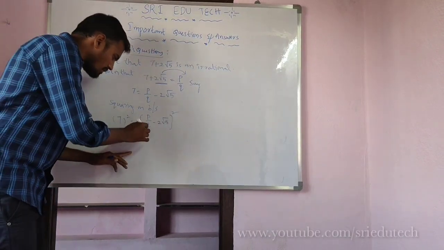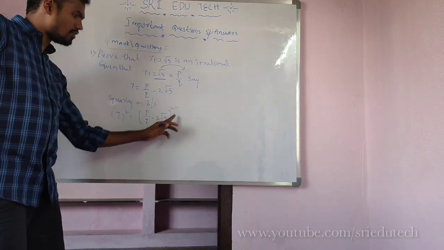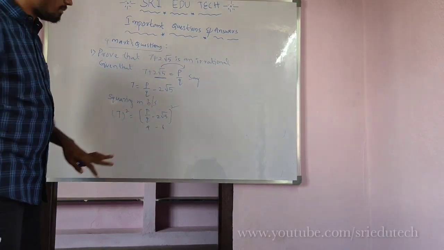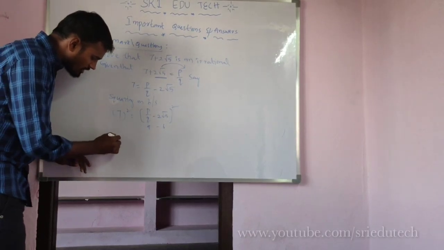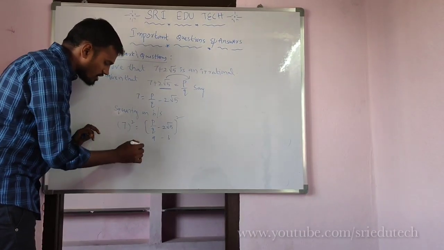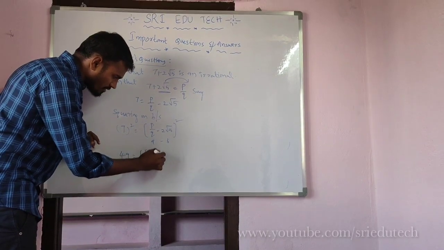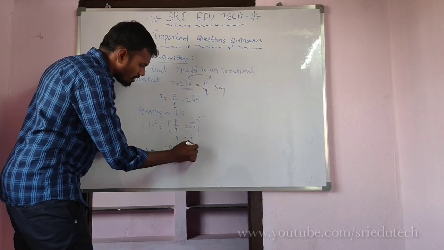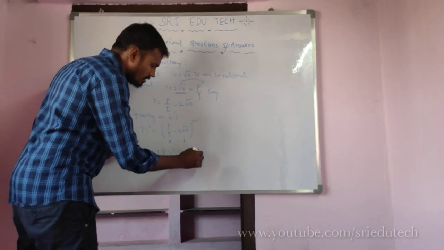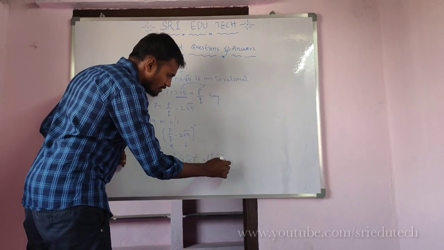Here p by q is a, then 2 root 5 is b. a minus b whole square is equal to a square plus b square minus 2ab. So 7 square means 49 is equal to a square, p by q whole square, plus b square, 2 root 5 whole square, minus 2ab: 2 into p by q into 2 root 5.